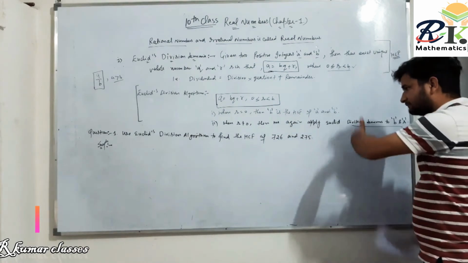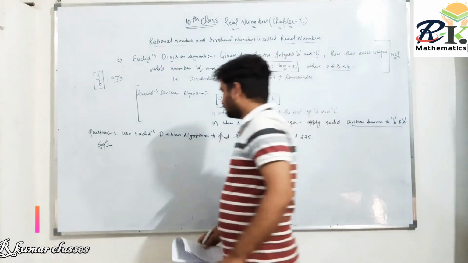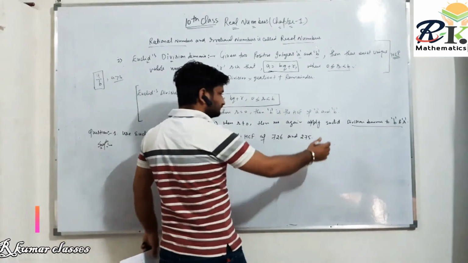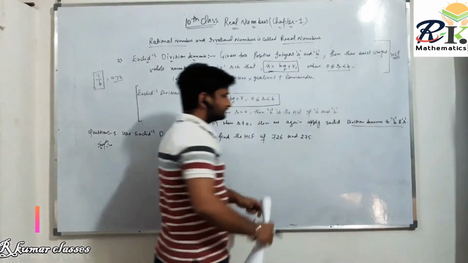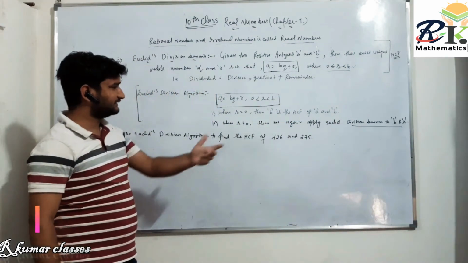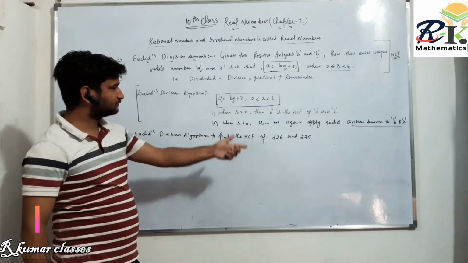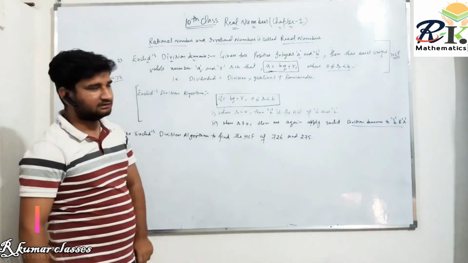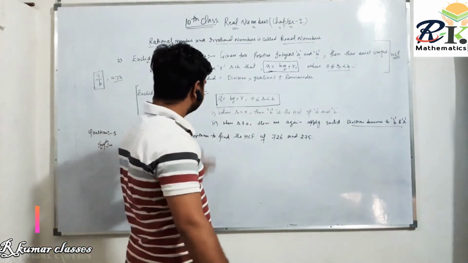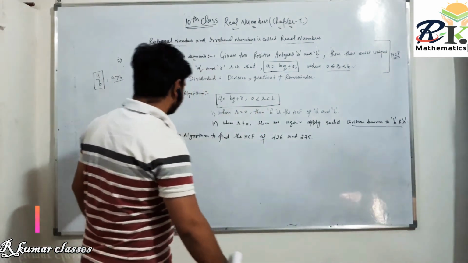We apply the lemma again, and when the remainder becomes 0, the divisor left at the last step is called the HCF of a and b.